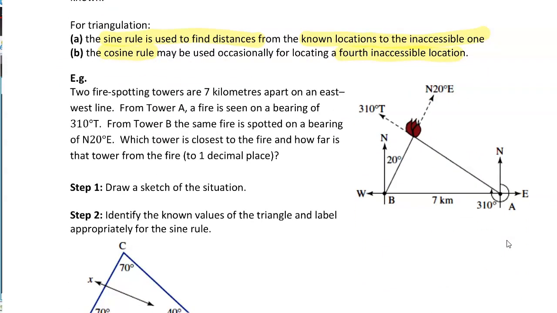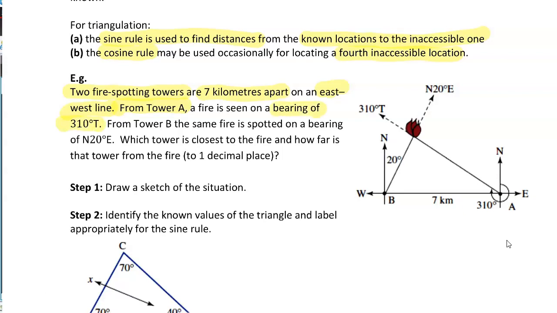We've got two fire spotting towers, A and B, that are 7 kilometers apart on an east-west line. That means B is due west of A. From Tower A, a fire is seen on a bearing of 310 degrees true.